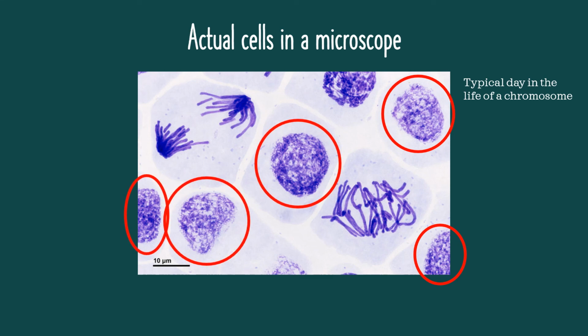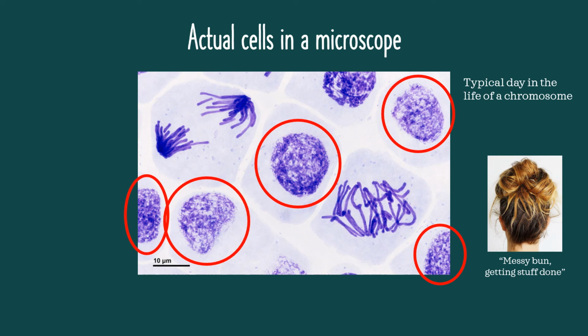In these cells, the DNA looks messy. But this is when it's getting stuff done. In this messy state, the DNA molecule is able to encode RNA, maybe it's making a copy of itself, it's doing its DNA thing. So it's normal when looking at cells through a microscope in your biology lab class if most of the cells don't show distinct chromosomes.